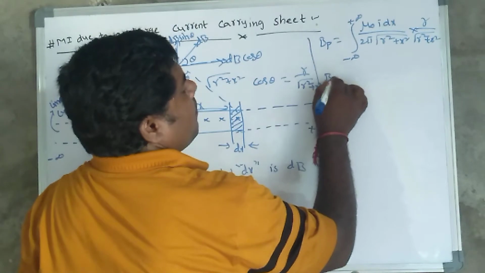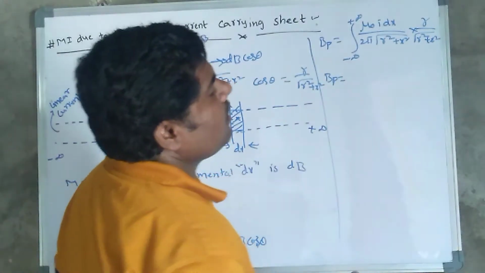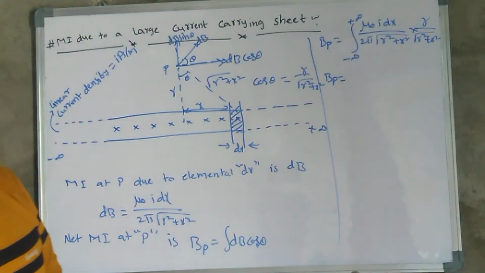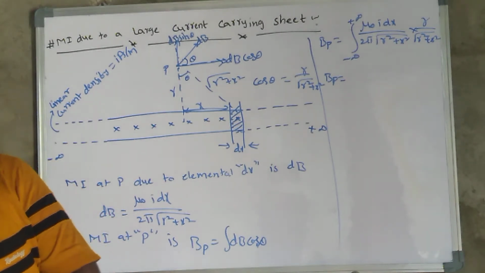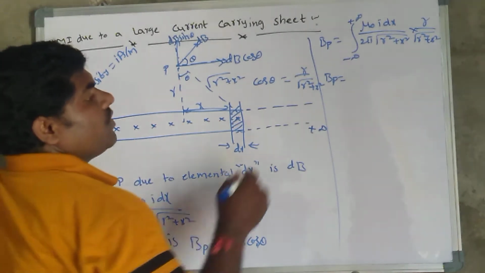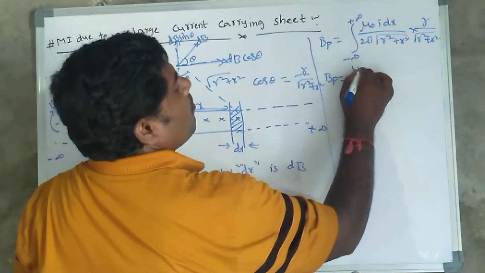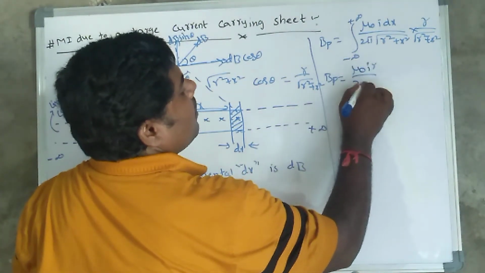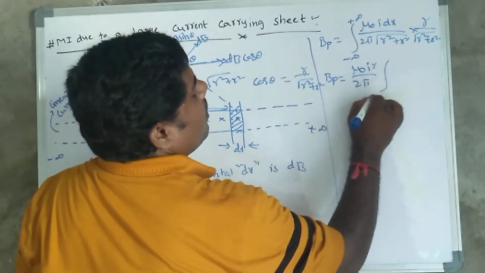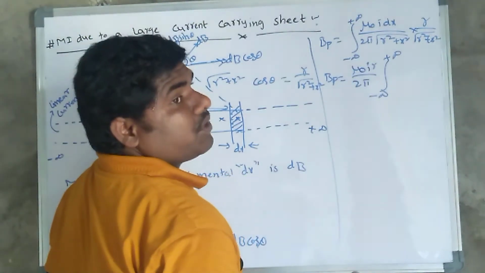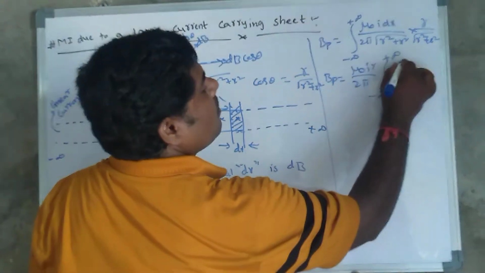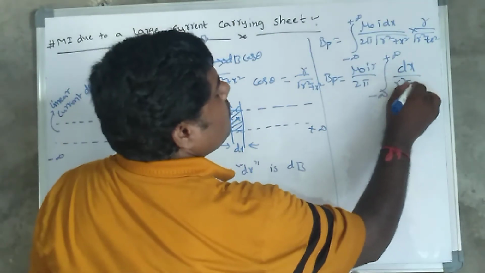Here x is the only variable, the remaining are all constants, so we can write them outside the integral. So BP is mu naught I r divided by 2 pi, integral from minus infinity to plus infinity of dx divided by r square plus x square.